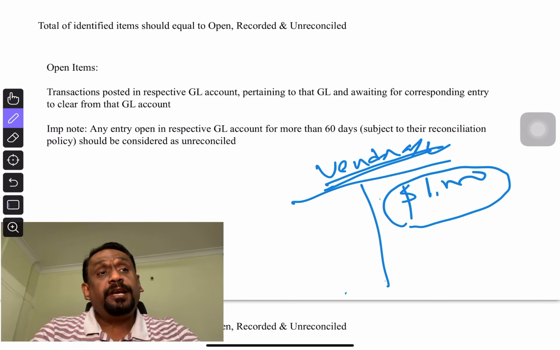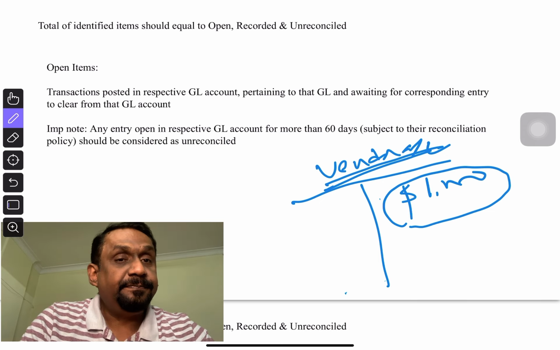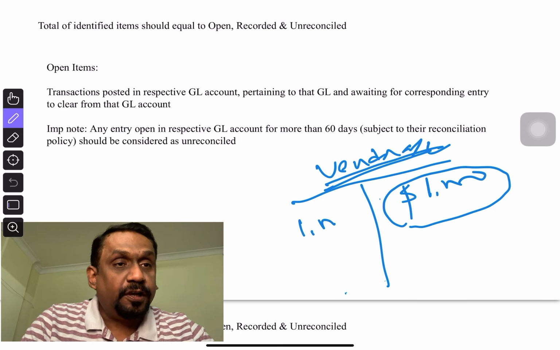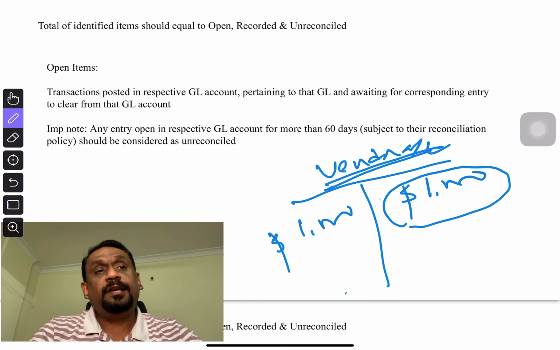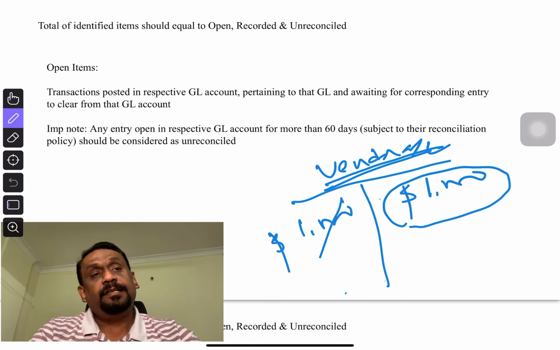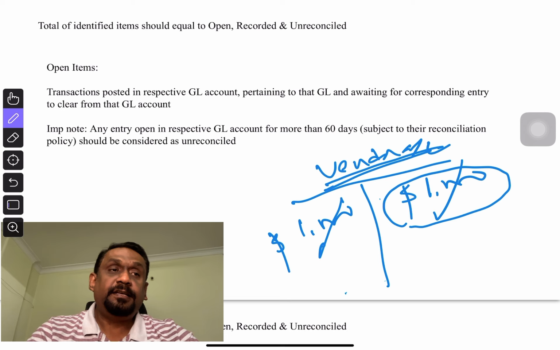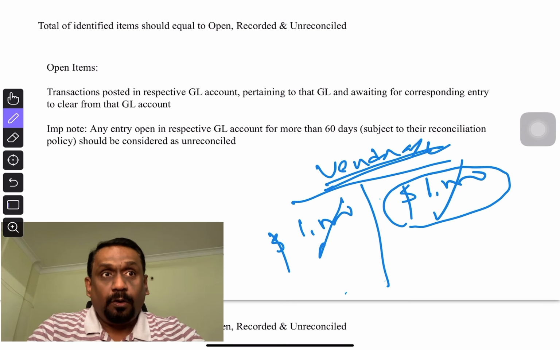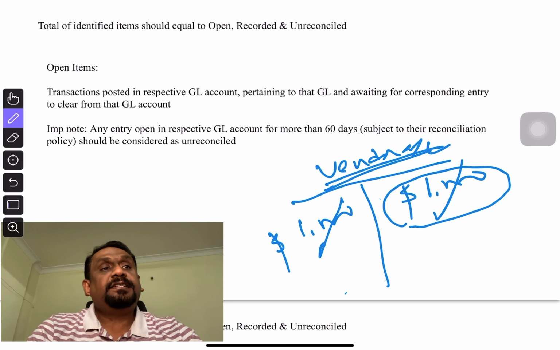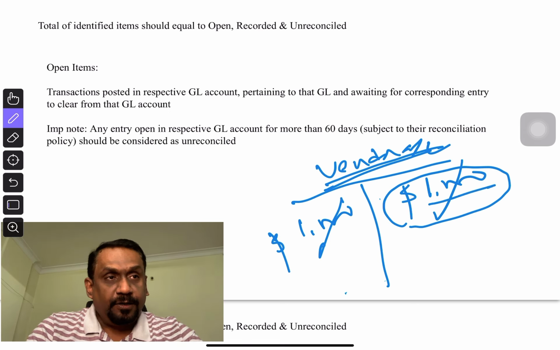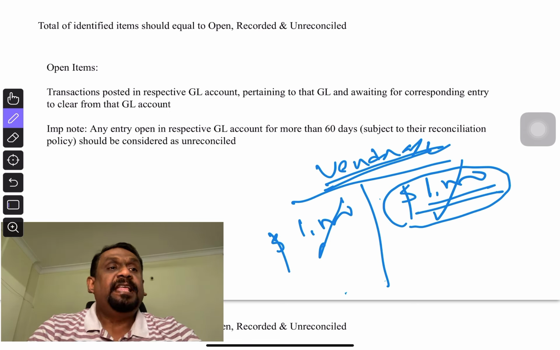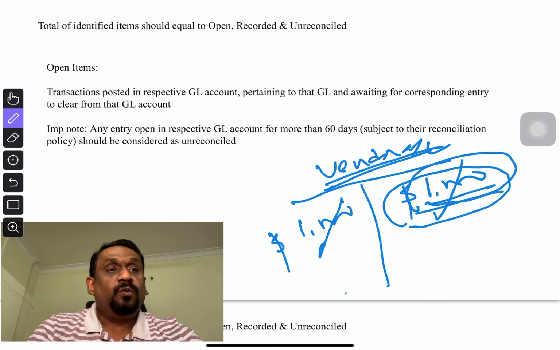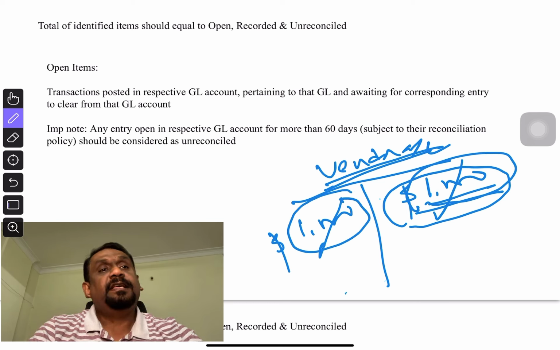When the corresponding entry is going to come for this $1,000, when you make the payment of $1,000, that will come on the debit side. And this debit and credit will get cancelled or cleared. So when there is a transaction posted in the vendor account as an invoice, that will get cleared only when the payment happens to the supplier.